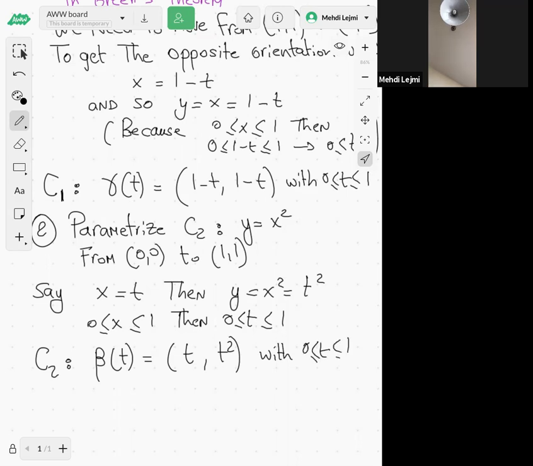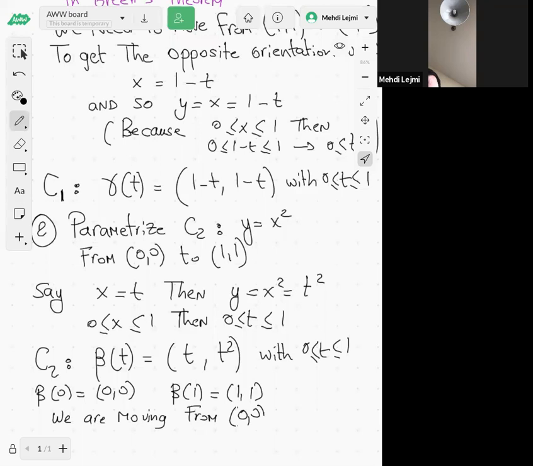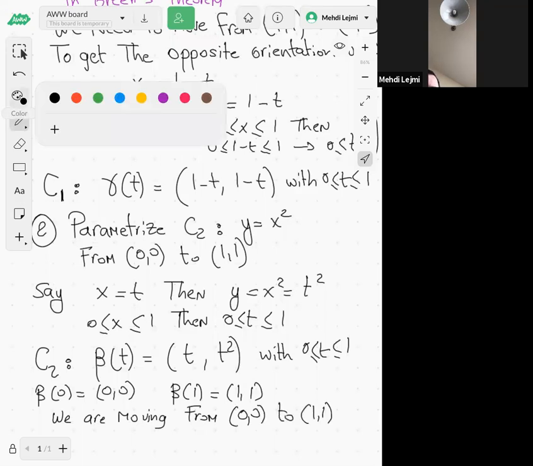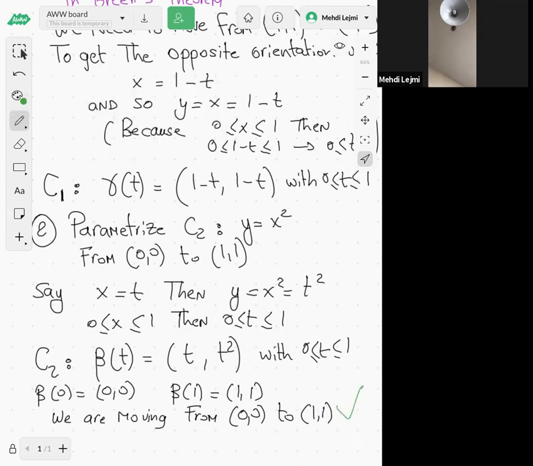If you check the orientation, beta of 0 is the origin and beta of 1 is 1, 1. So we are moving from 0, 0 to 1, 1, and that's the correct orientation, the orientation required by Green's theorem.